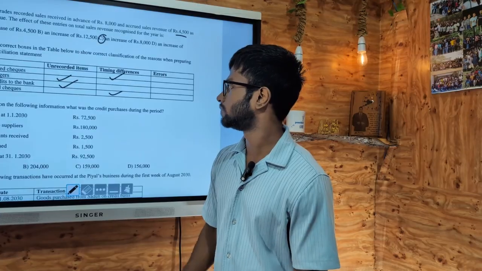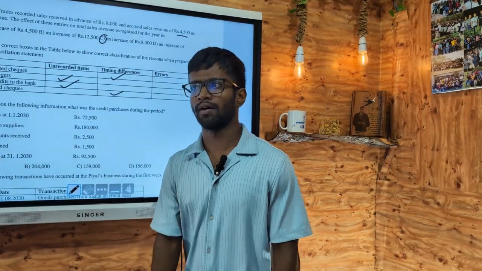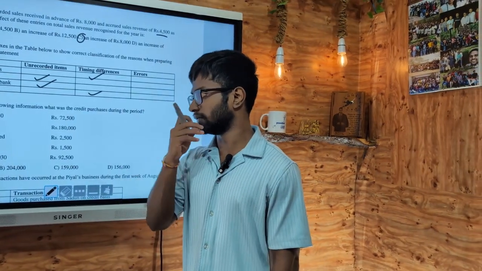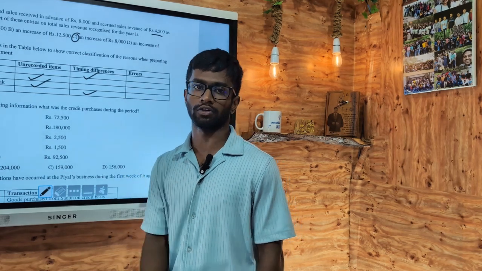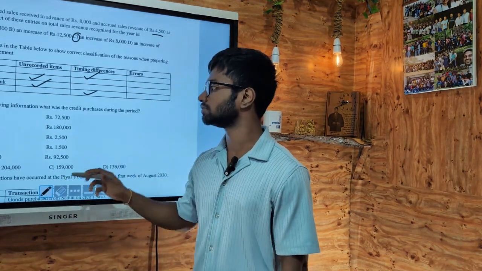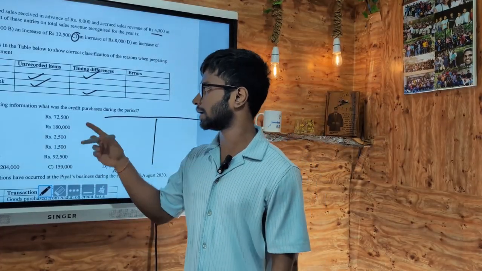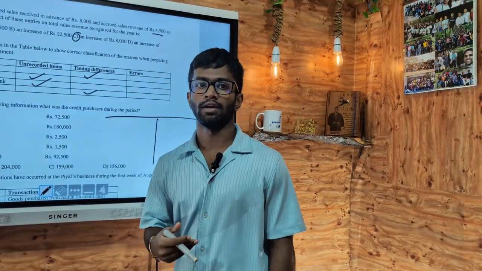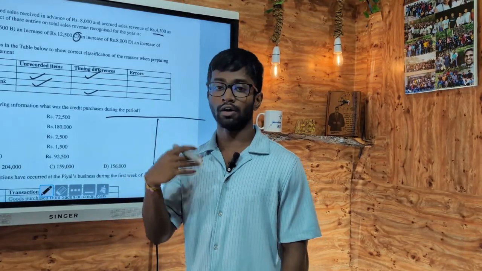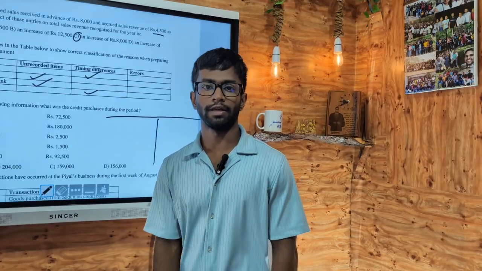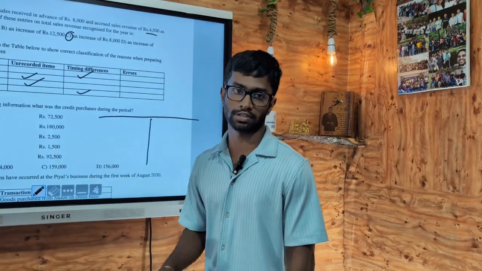Okay, next we have to find the credit purchases. Now, we learned how to record credit purchases and all that, but we didn't learn how to prepare an account. So here you can learn how to prepare. Now, keep in mind your credit purchases come from your creditors, or in other words, we call them trade payables. So you have to make a trade payable account and find the credit purchase.